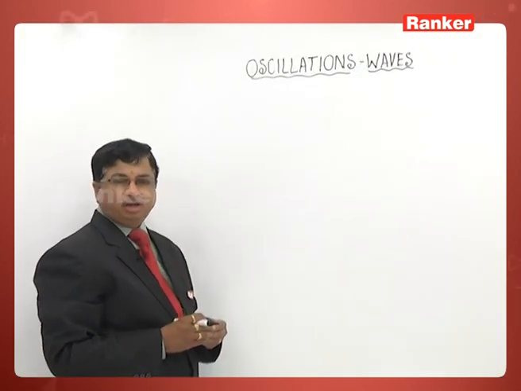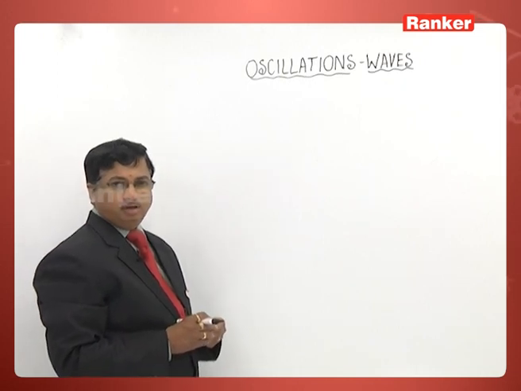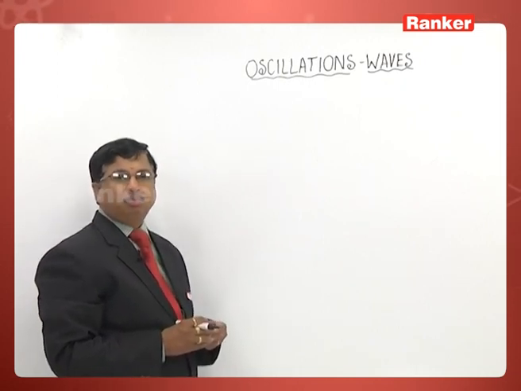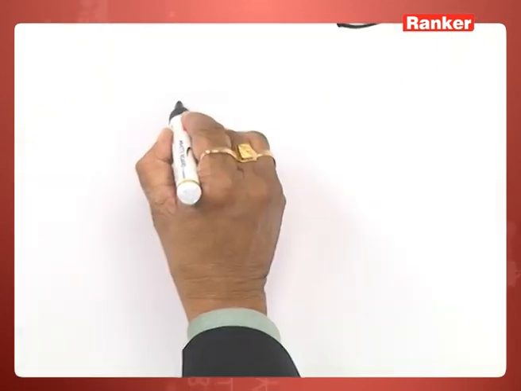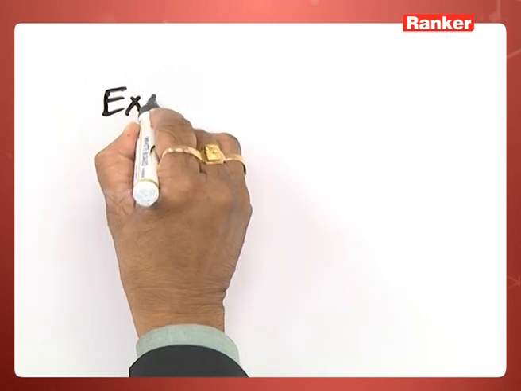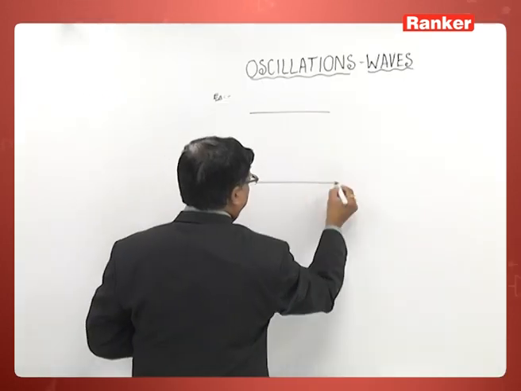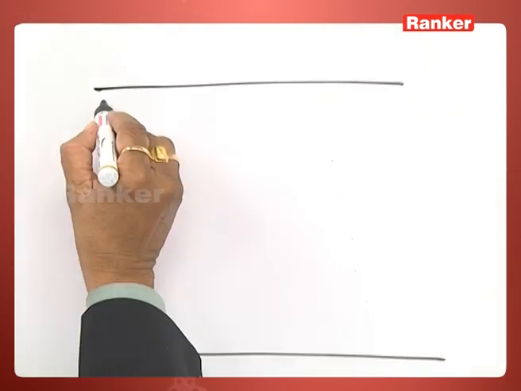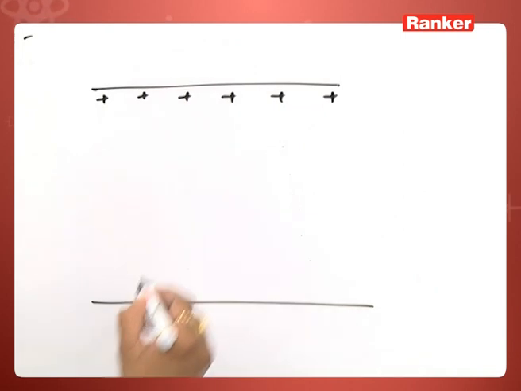Let us take an application of simple pendulum when charge is given to the bob of the pendulum. One example let us take here. There is a pair of plates like this. This plate has positive charge on it.